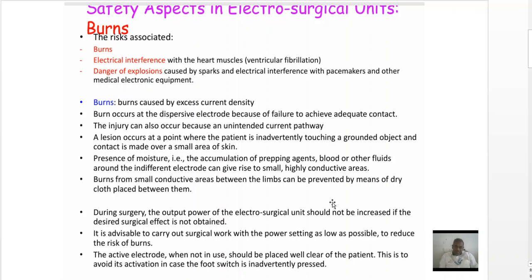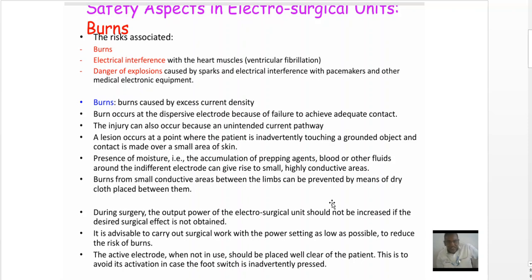We always have to keep the current density as low as possible. A burn occurs at the dispersive electrode because of failure to achieve adequate contact. The injury can also occur because of an unintended current pathway.